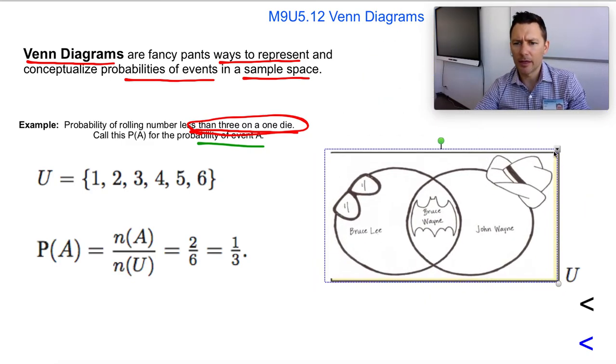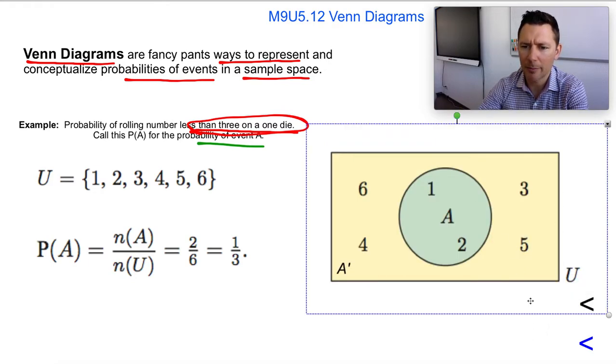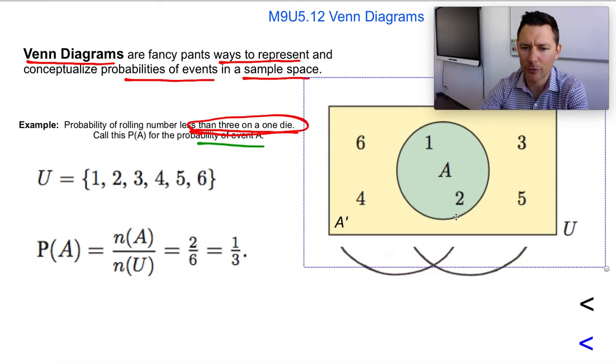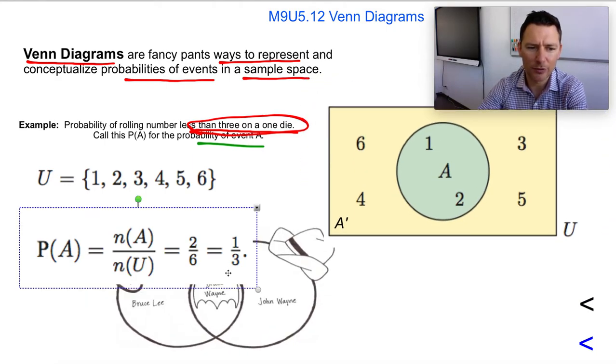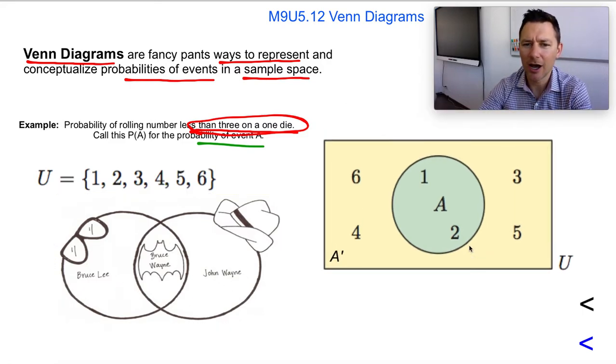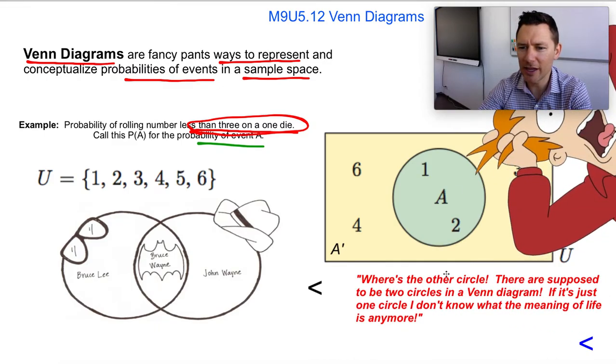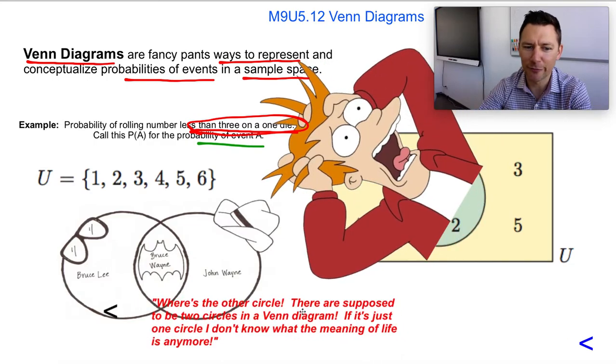And I know what you're thinking. I know you're thinking a Venn diagram should look like 2 circles overlapping, and this is only 1 circle, right? So I know that you're used to seeing this as 2 circles overlapping. Bruce Lee, John Wayne, Bruce Wayne, right? And so maybe it doesn't look like a Venn diagram to you and you're freaking out, right?